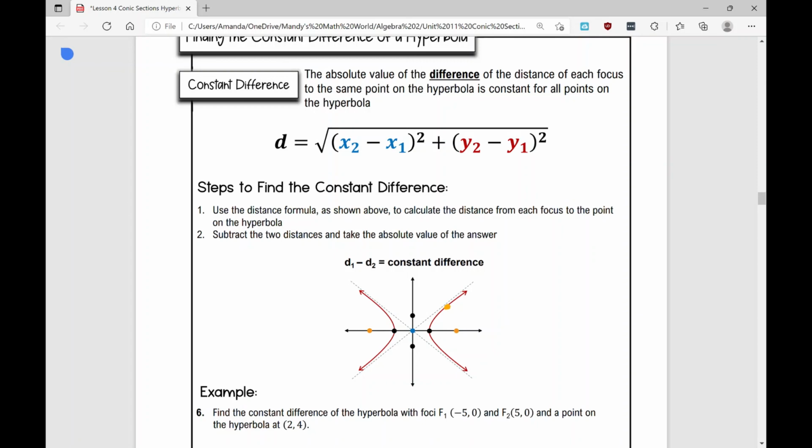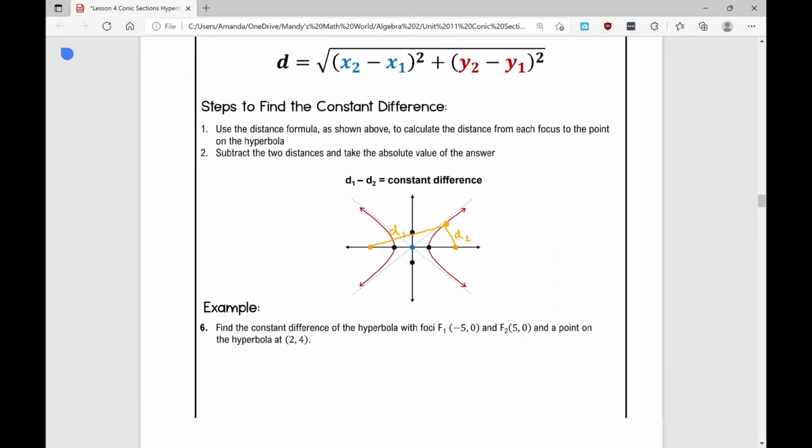Well, in this case, what I get is the constant difference. From this focus to that point, we'll call that D1, and this focus to that point, we'll call that D2. When I subtract those, I get the constant difference. And we're actually going to take the absolute value of it so that it's always positive.